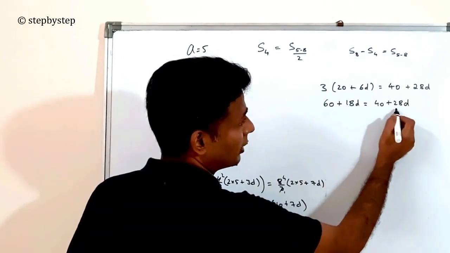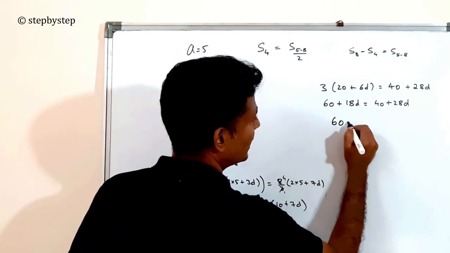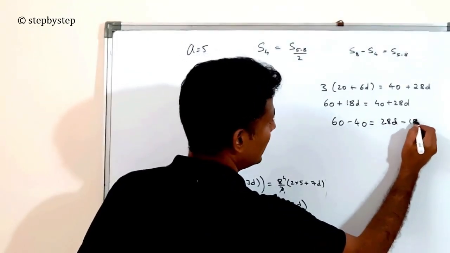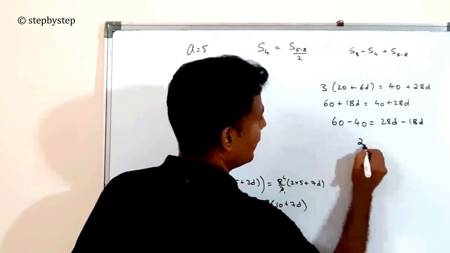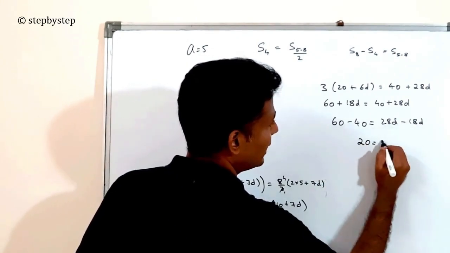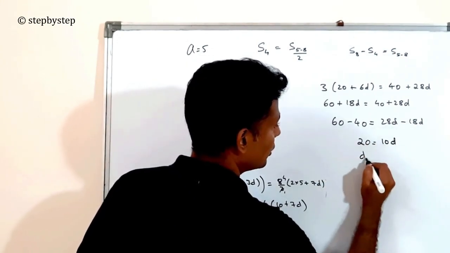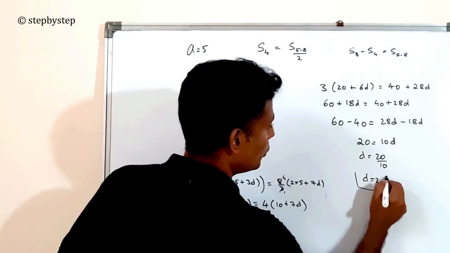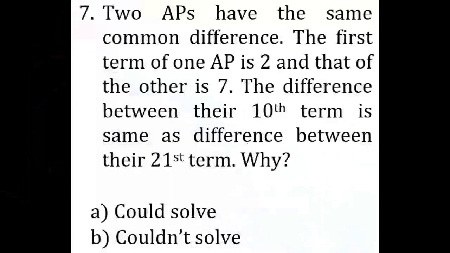I'll transpose d terms on one side and constants on the other. So I get 60 minus 40 equal to 28d minus 18d. So I get 20 equal to 10d. So d is equal to 20 by 10. So d equals 2.